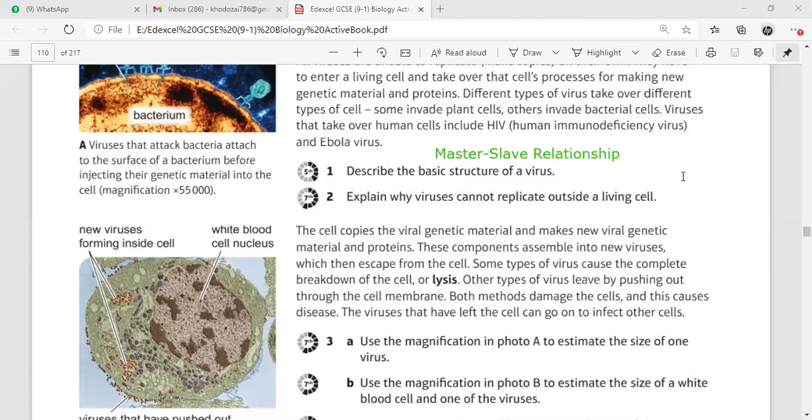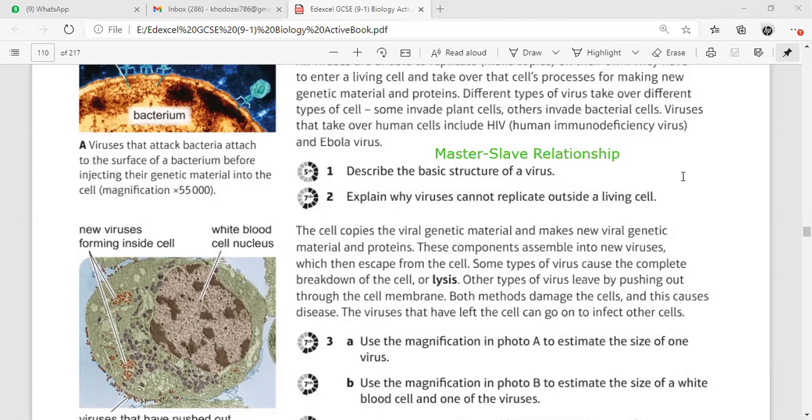Can you answer this question? Explain why viruses cannot replicate outside a living cell. Because they are non-living and lack cell structure, so they can't survive without a host. Yes, they lack the machinery of the cell, basic units like the cell membrane, cytoplasm, and nucleus.